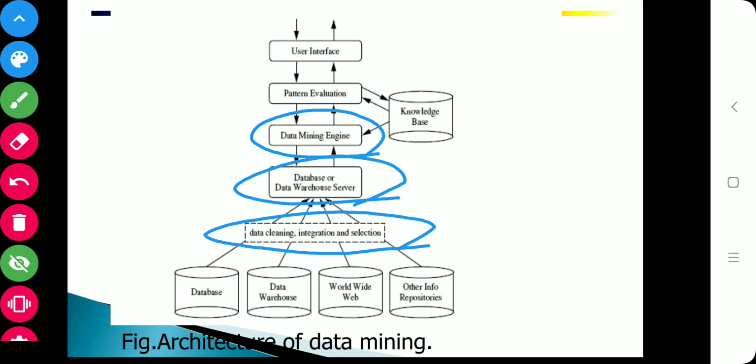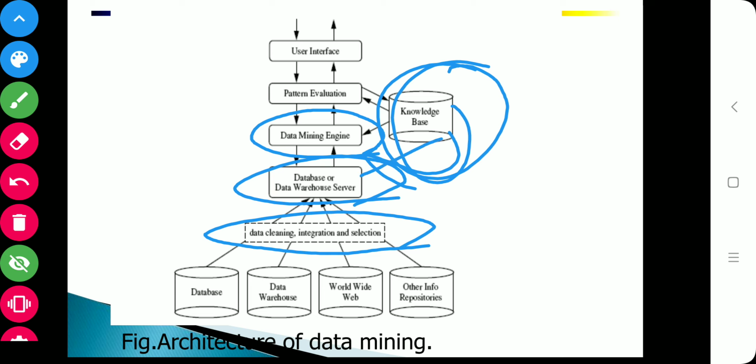What to mine from the databases depends on the knowledge base, meaning this knowledge base guides the data mining process. For example, there is an image database and we want to retrieve the flower images. So retrieving flower images is the knowledge, and that is given by this knowledge base to the data mining techniques.